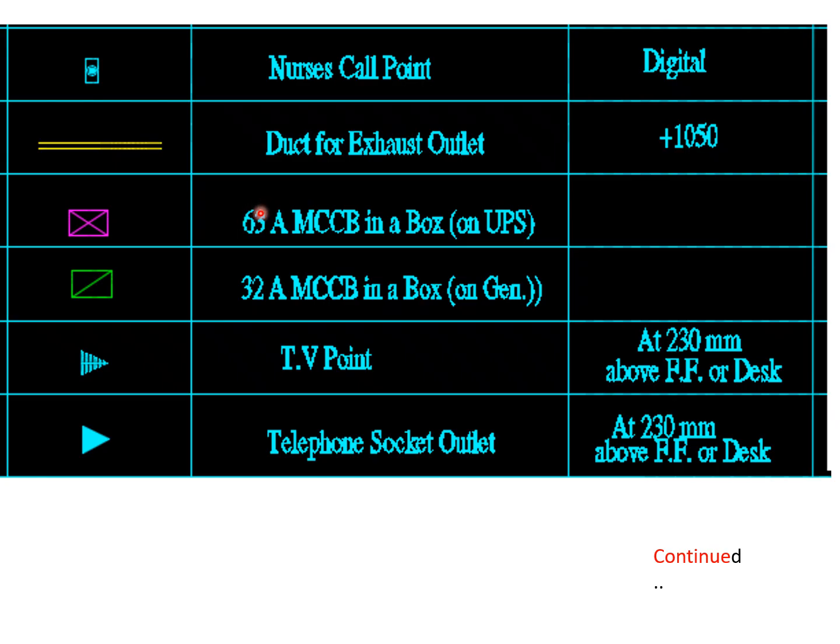We need to provide a 63 ampere MCCB in a box provided on the UPS system, and a similar box with 32 ampere MCCB is used on the generator. Then we need a TV point and telephone socket outlet as well, and their mounting heights are shown here.